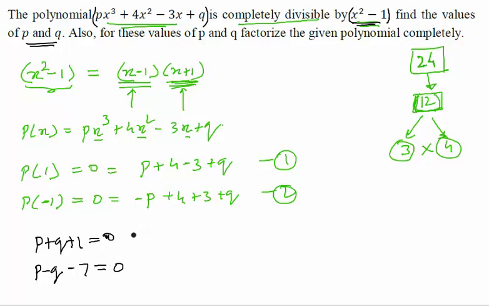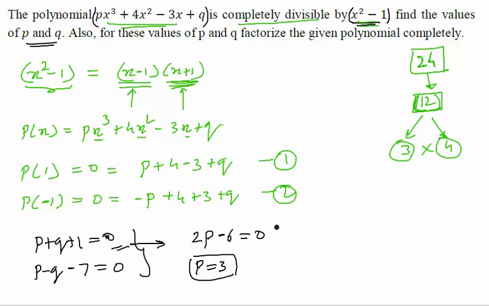If you have these two equations, you can add them. Then q and minus q get cancelled and you get 2p minus 6 equal to 0, which gives p equal to 3. And q is equal to p minus 7, which is q equal to minus 4.